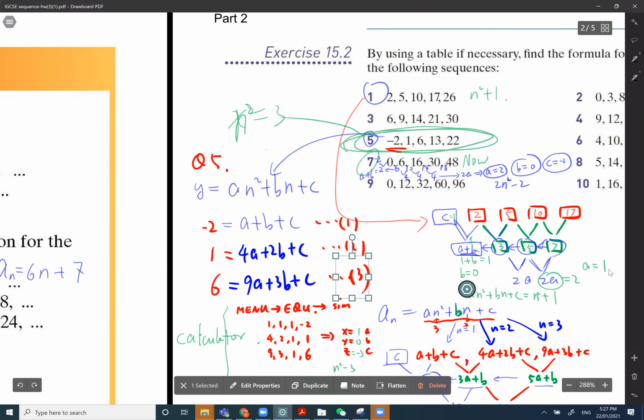What I mean is your calculator is a black box: you just input the data and you have the answer n squared minus 3. Calculators are really advanced. But for us, we need to learn more algebra. Okay, that's the calculator way. We are doing number 5.